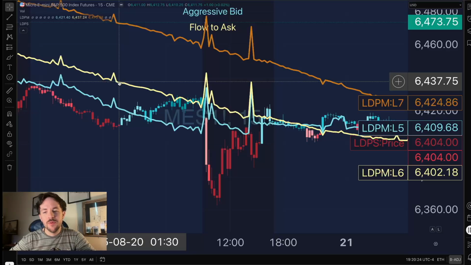But I think with a lot of the misconceptions that occur with liquidity, there are some carryover or knock-on effects when it comes to understanding what LDPM and LDPS do, namely that there's this idea that liquidity can be measured by things other than what is happening in the market.